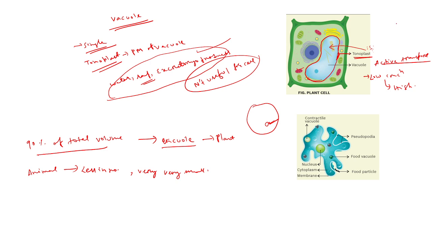So here, for example sodium and potassium ions, the ion concentration outside is very low and inside the vacuole the ion concentration is very high, and these ions are transported in through the membrane called the tonoplast, by active transport, that is, by the use of energy, from lower to higher concentration.